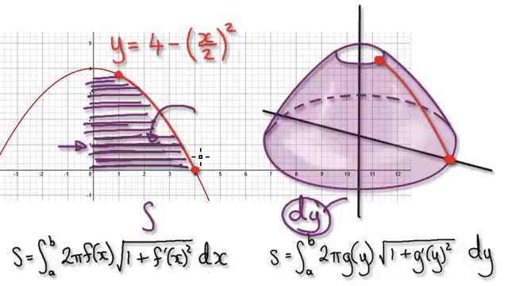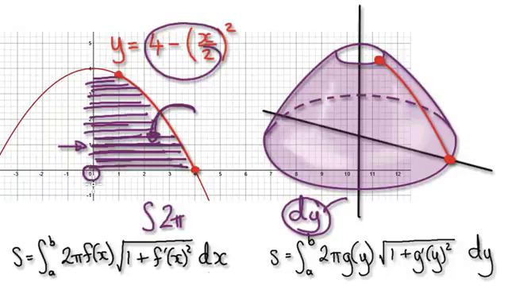You're going to rotate it, so you need to times it with the circumference, which is 2 pi r. But the radius would be you rearranging this.